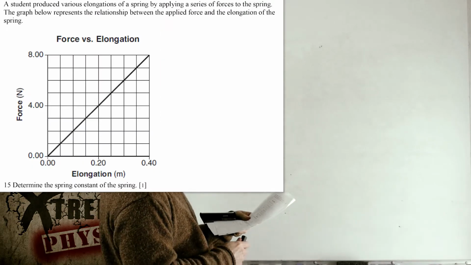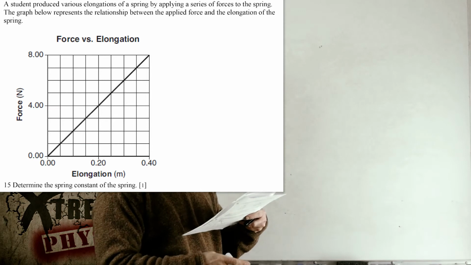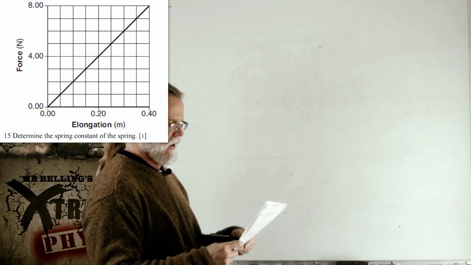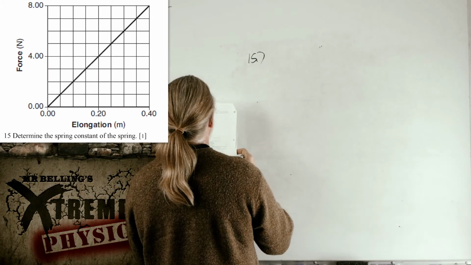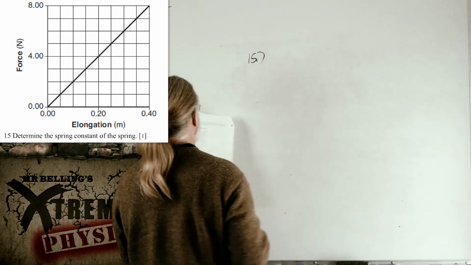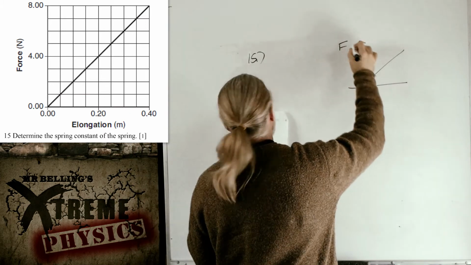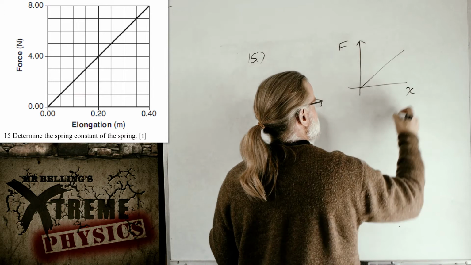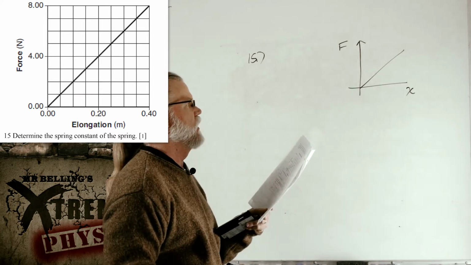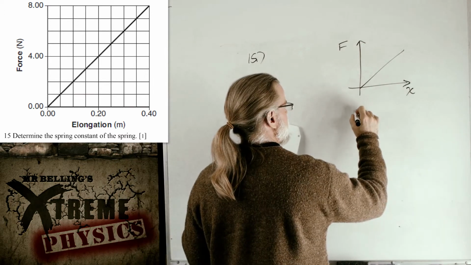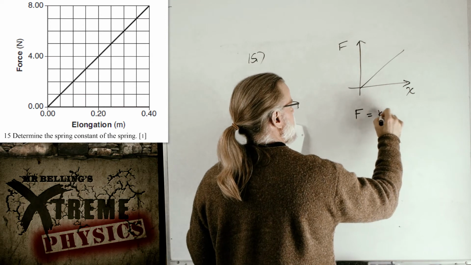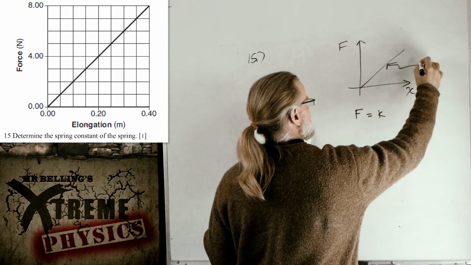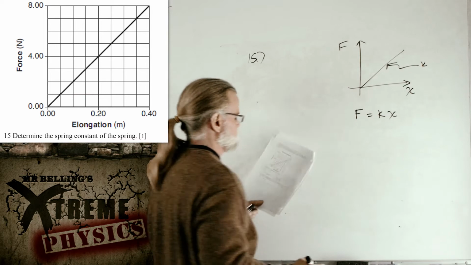A student produced various elongations of the spring by applying a series of forces to the spring. The graph below represents the relationship between the applied force and the elongation in the spring. That looks remarkably like a lab. What is the spring constant of the spring? It is the slope of that graph. And we had force versus elongation. They use x for elongation. This is the equation of a straight line. Y equals the slope times x. The slope is the spring constant, which is k. F equals kx.